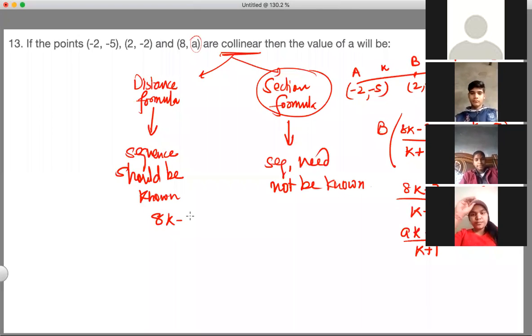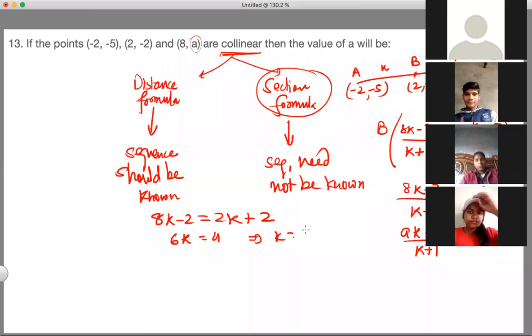So 8k - 2 is equal to 2k + 2, right? So 6k is equal to 4 and k is equal to 2/3, right?